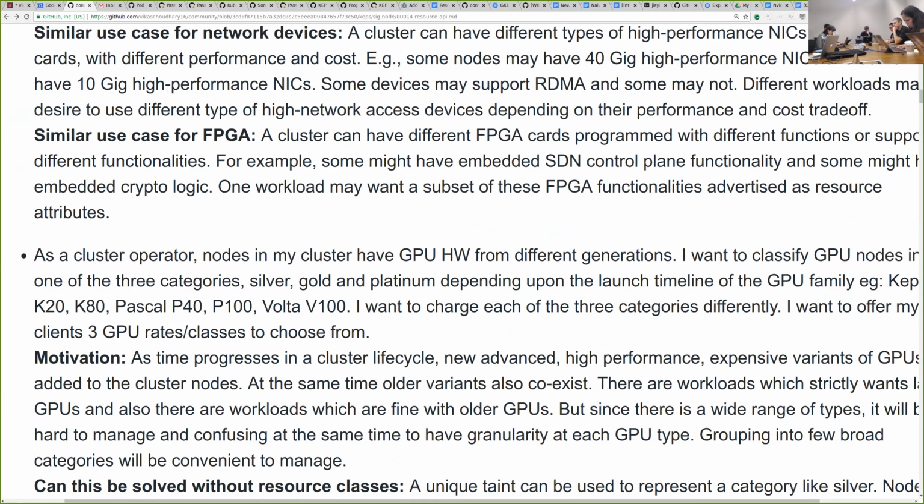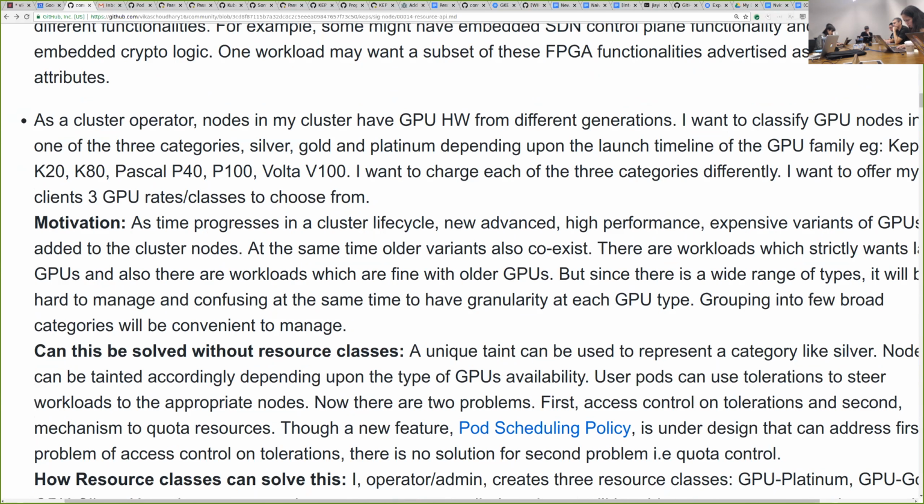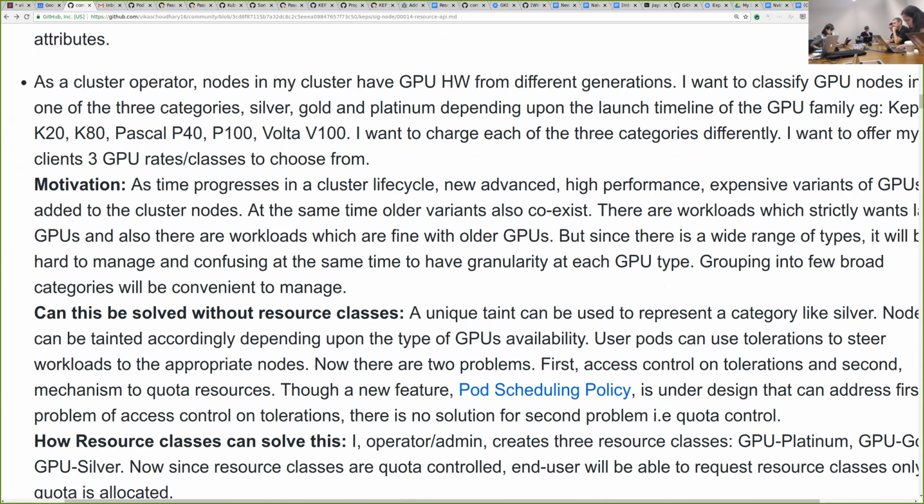Another use case is we also want to provide some flexibility to cluster operators so that they can use a portable name, or some name they choose, to manage a group of resources.